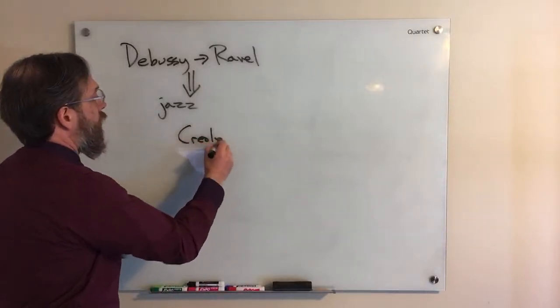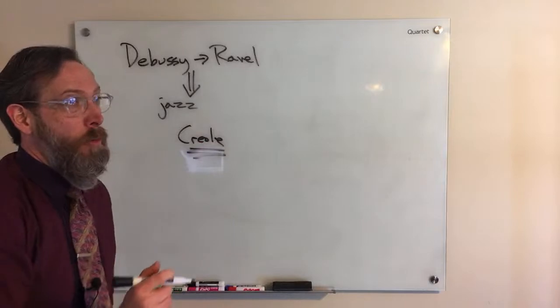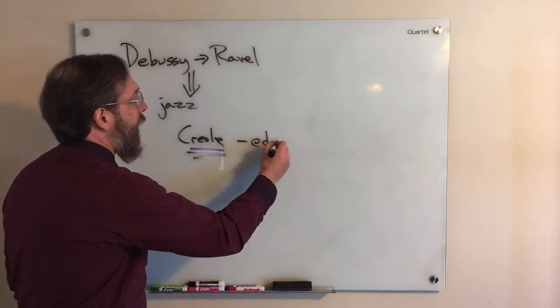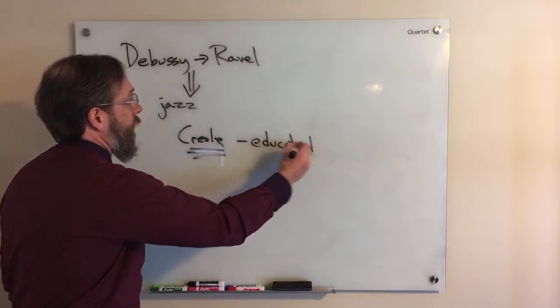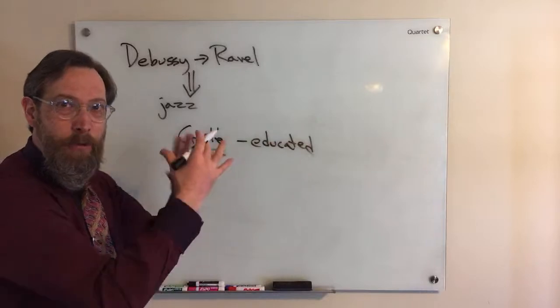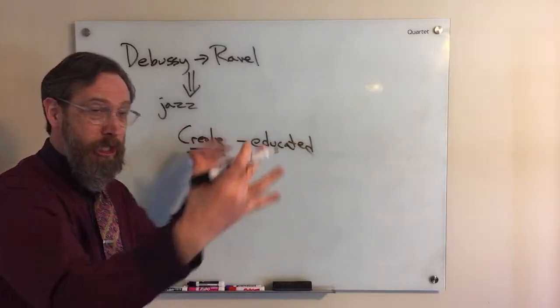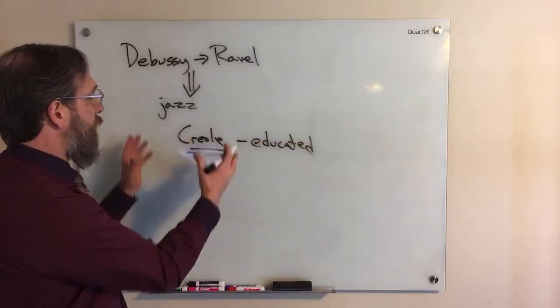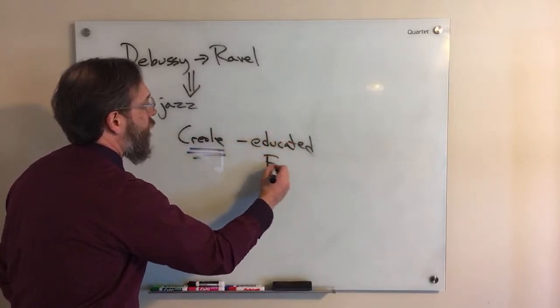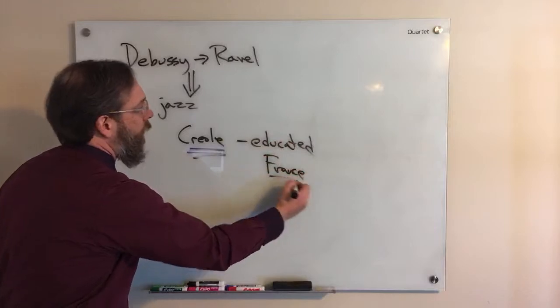And the Creoles were mixed heritage and often very well educated early on, before laws came into place that kind of lumped anyone that had any African heritage into the same group. Creoles were considered a separate group. They were educated almost always in France, or not always, but often.